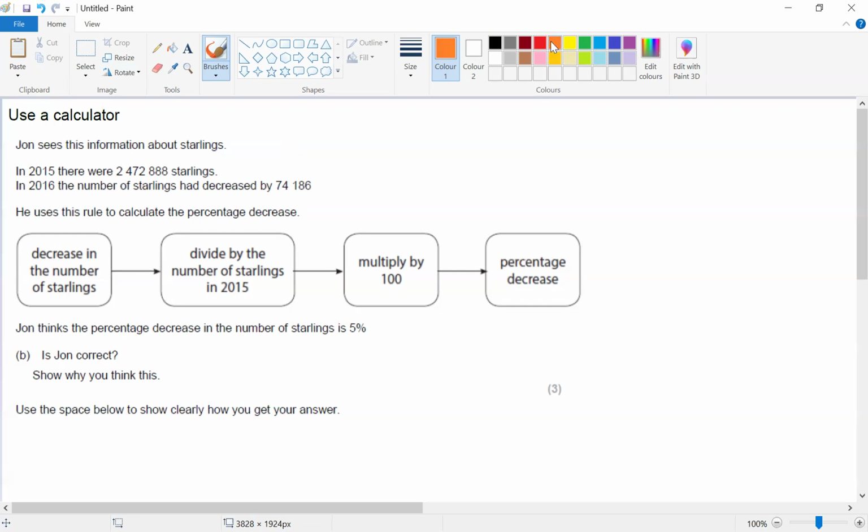So to highlight the important information, we're given our decrease in numbers and we're given the number of starlings. And then we are asked, is he correct? So we need a yes or no answer to that. The first thing I'm going to do is show what I am putting into my calculator. So we have to start with the decrease in number of starlings, and we divide that by the number of starlings.